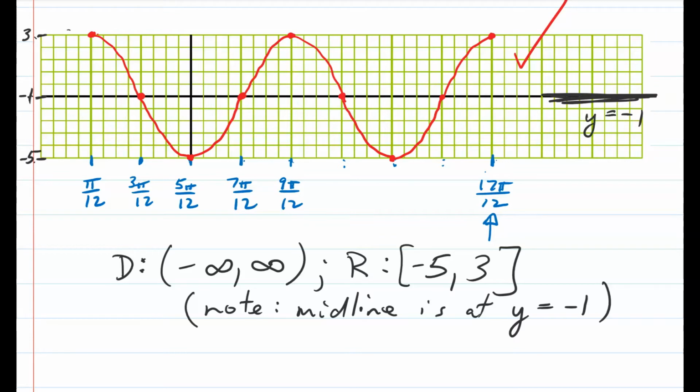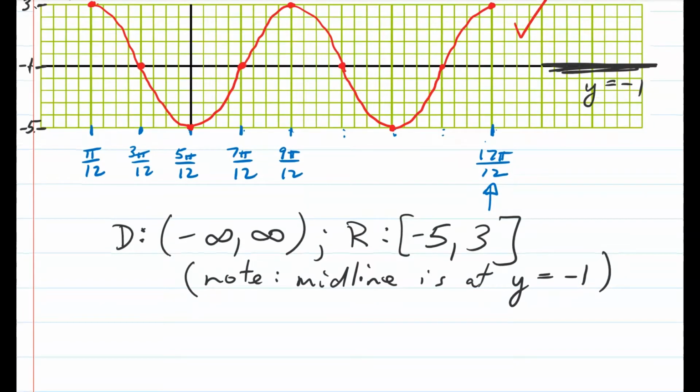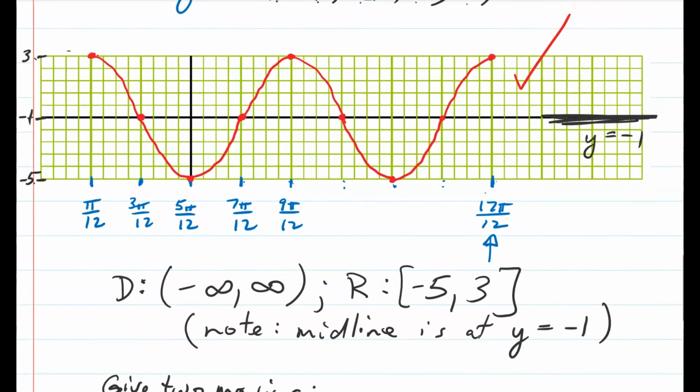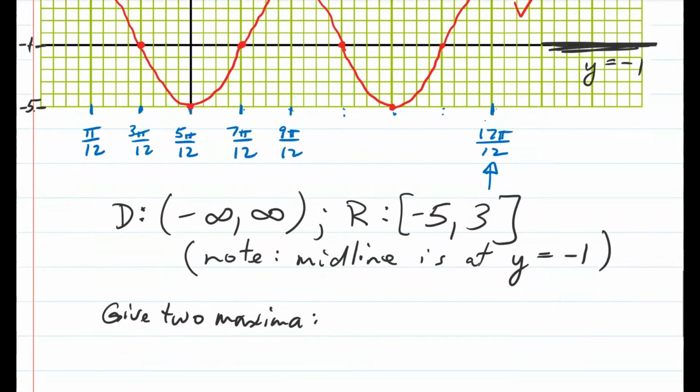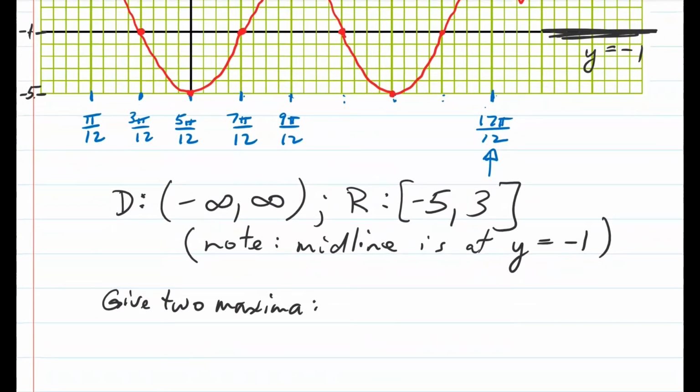Okay, what else could we ask? Where are the maxima? Can we give 2 maxima? Sure we can. We can grab one right here, and we can grab one right here. So here are the coordinates. We're going to give the locations of the maxima. One is at pi/12, and the value is 3.